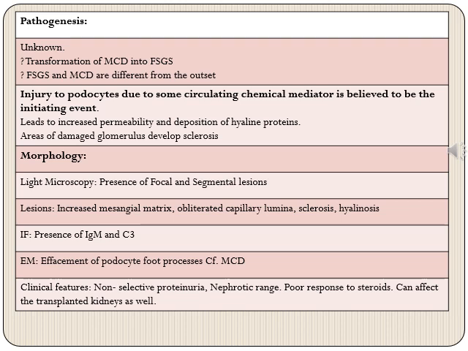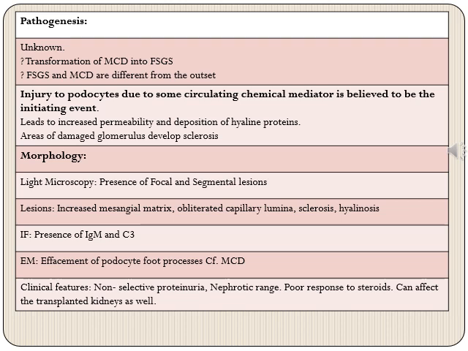Coming on to pathogenesis of FSGS, it is unknown. Some are of the opinion that it is because of transformation of some type of minimal change disease. A subset of minimal change disease patients go on to progress into FSGS, whereas others are of the opinion that FSGS and MCD, or minimal change disease, are different from the outset.